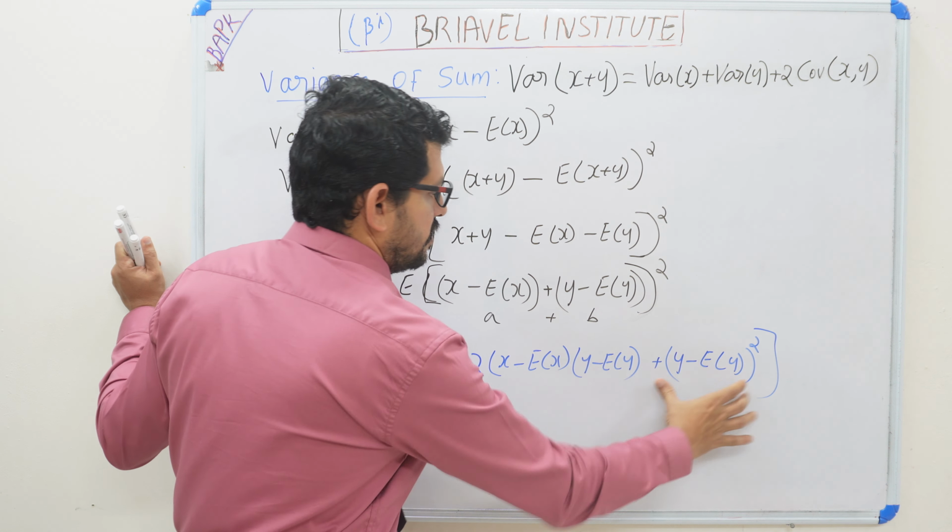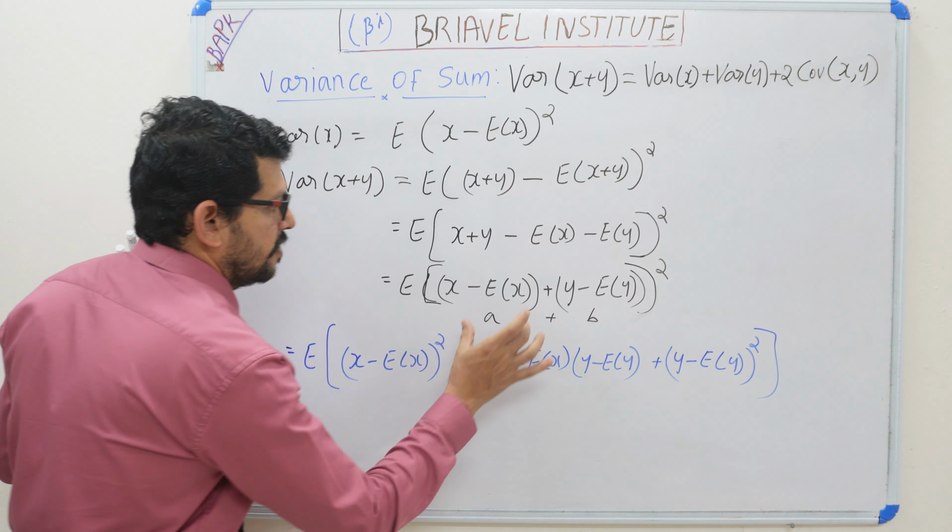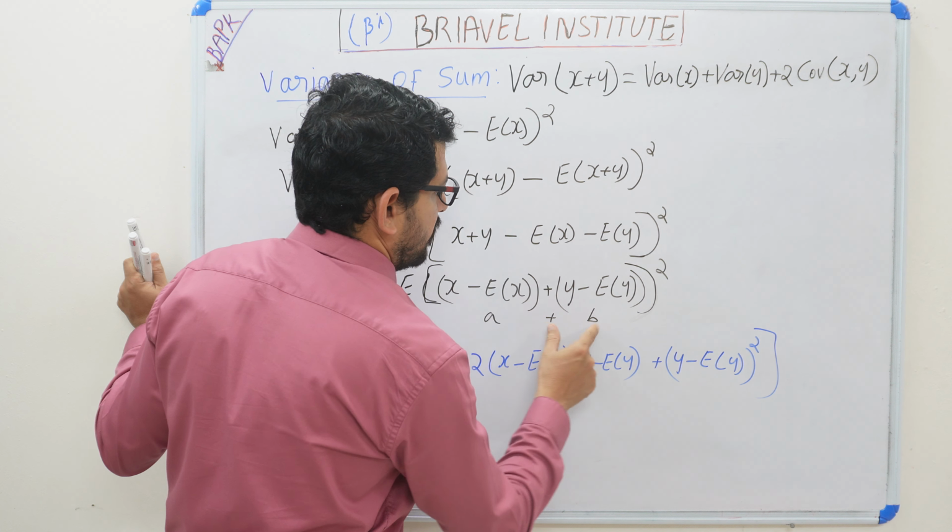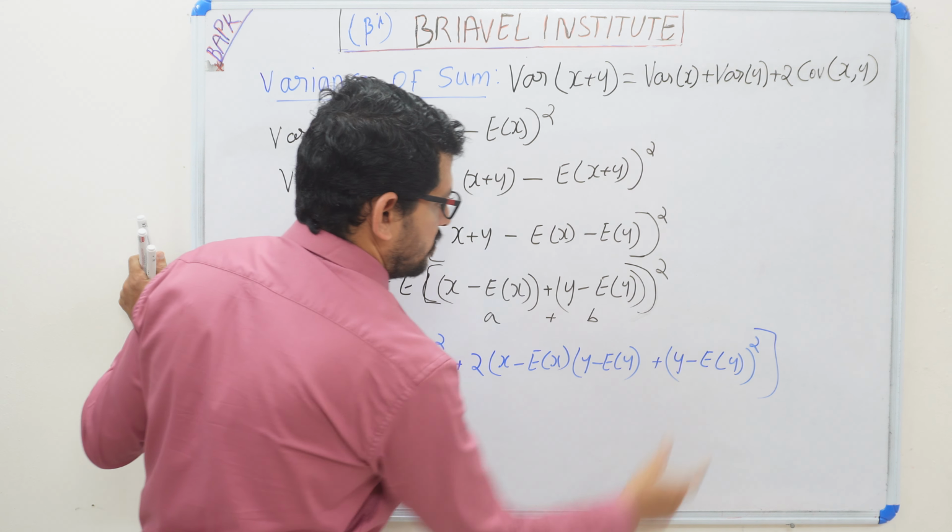This is just the rearrangement of a plus b all squared: a squared plus 2ab plus b squared.